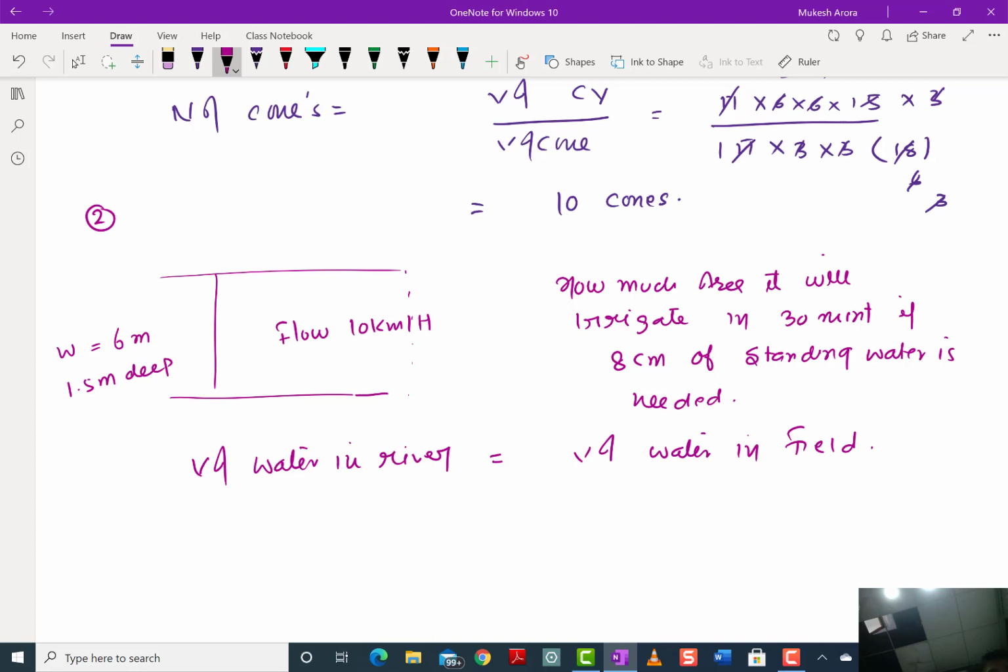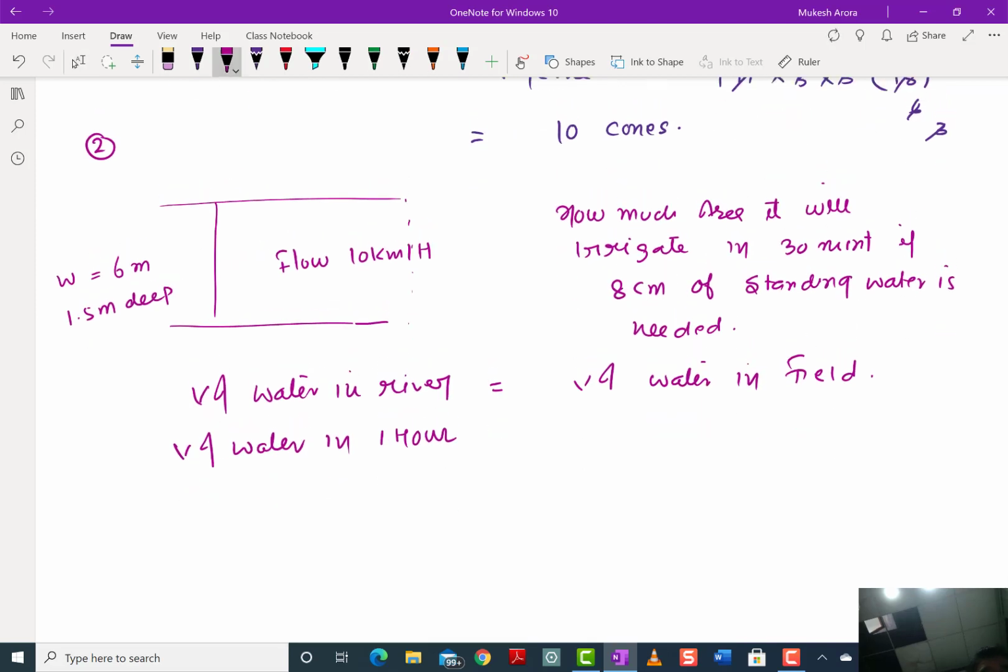So first of all, we'll find the volume of water in 1 hour. That will be, length is 10,000 meter, width is 6, depth is 1.5. This is divided by 2, as this is in half an hour. Then volume of field.